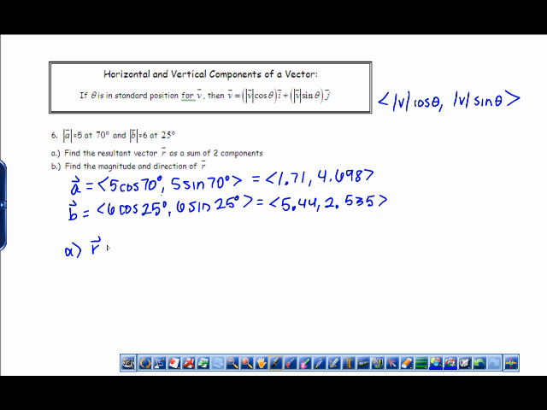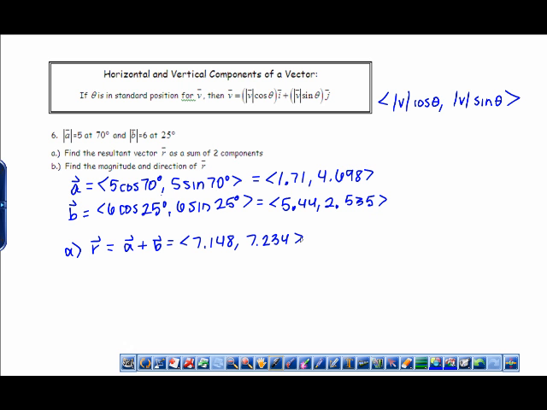Now remember, the resultant vector is going to be vector A plus vector B. Now you didn't have to actually figure this out into decimals in order to do this problem. What we could have done is just typed in 5 cosine 70 plus 6 cosine 25 to get that new horizontal component. And again, you could add these two decimals, and that would give you your vertical component.